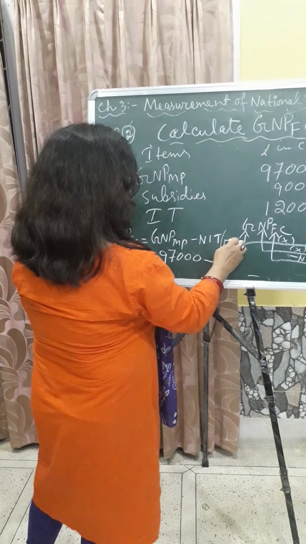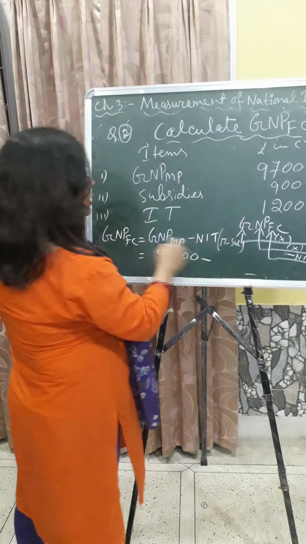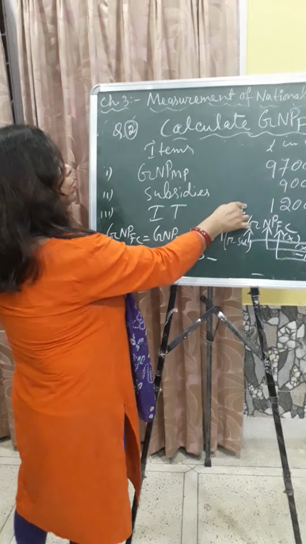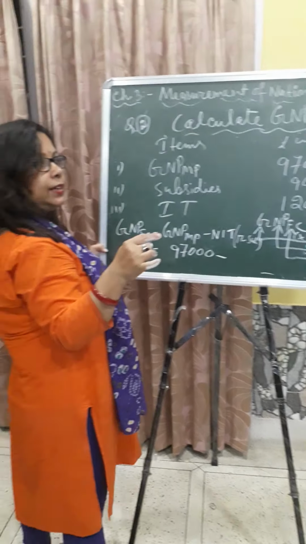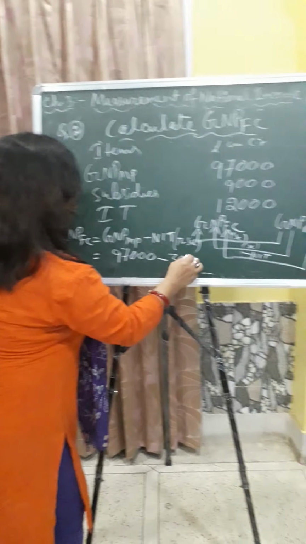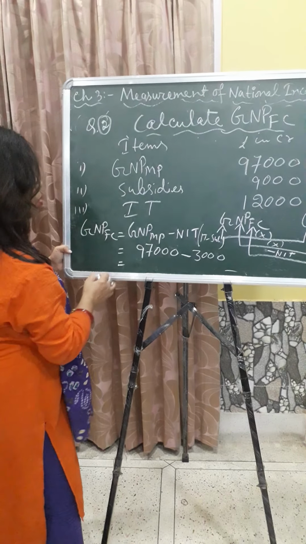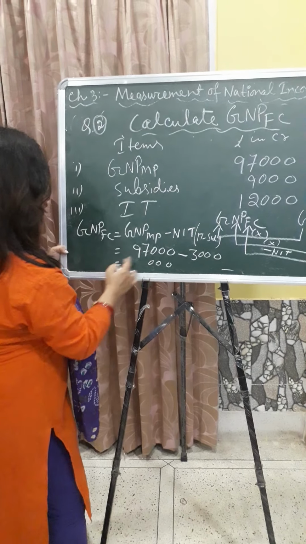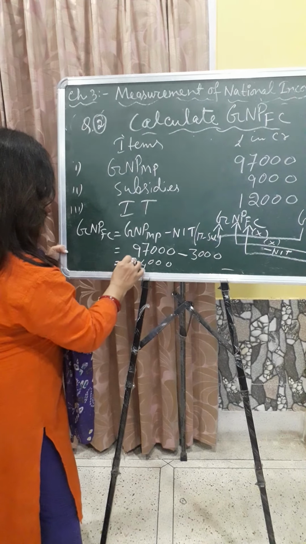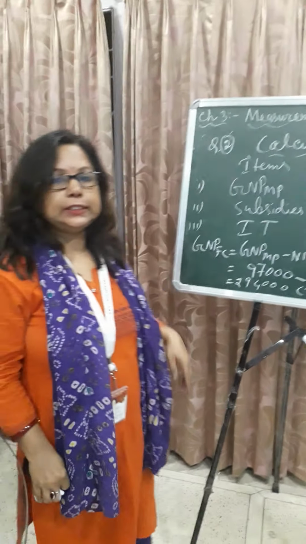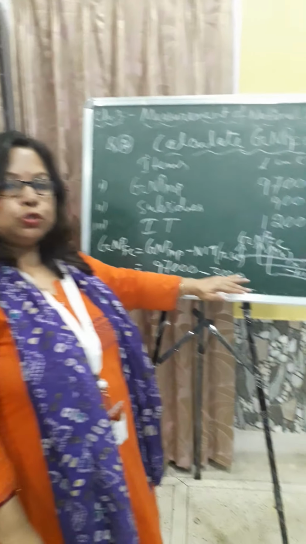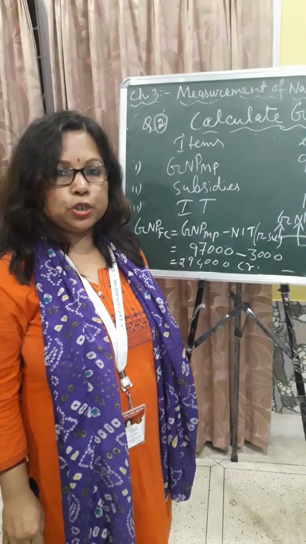IT is 12,000 and subsidy is 9,000. You subtract, so the value will be 3,000. So the answer is rupees 94,000 crore. This is the process. Today, up to this, next I will continue the next portion. Thank you.